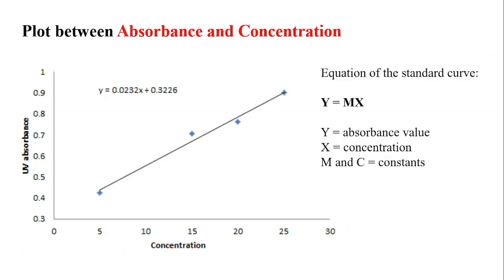After preparation of this table, a standard curve for all the concentrations will be plotted like this. A straight line will be acquired, and the equation that we'll be needing here is y equals mx. Here x is the concentration and y is the absorbance value.